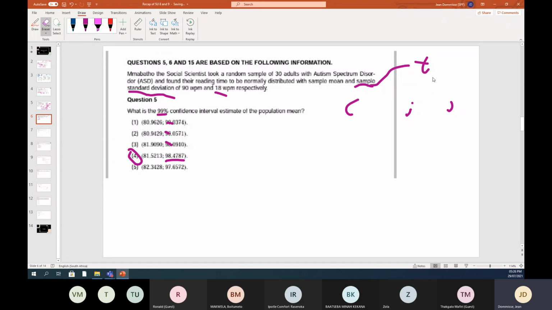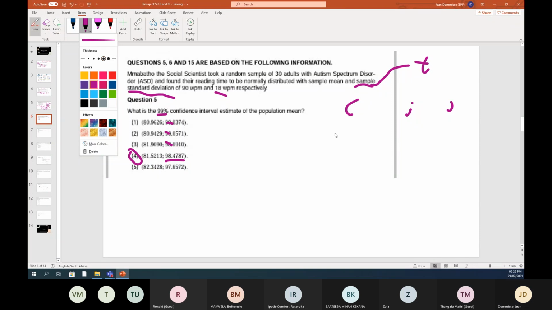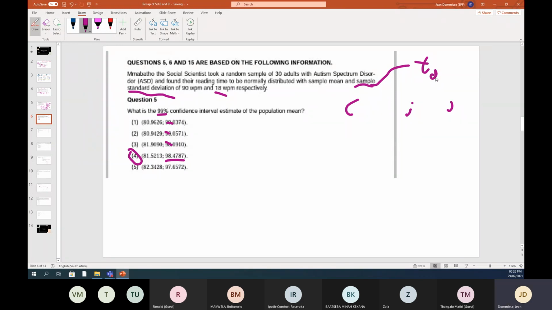So for t we need to work with degrees of freedom. Degrees of freedom is n minus 1, and then it's alpha over 2. So we need to work with that table. Let's just do it.